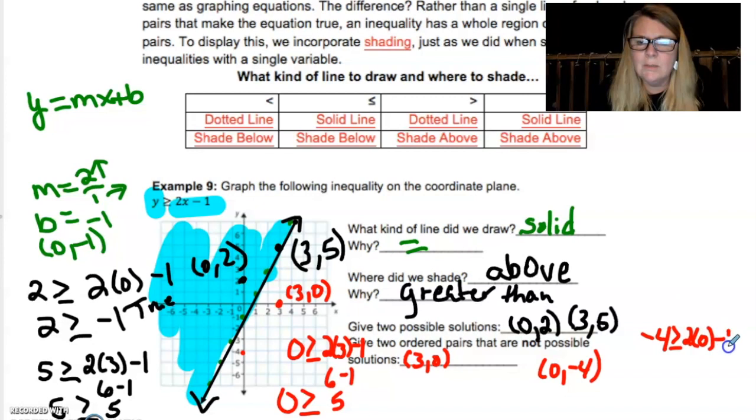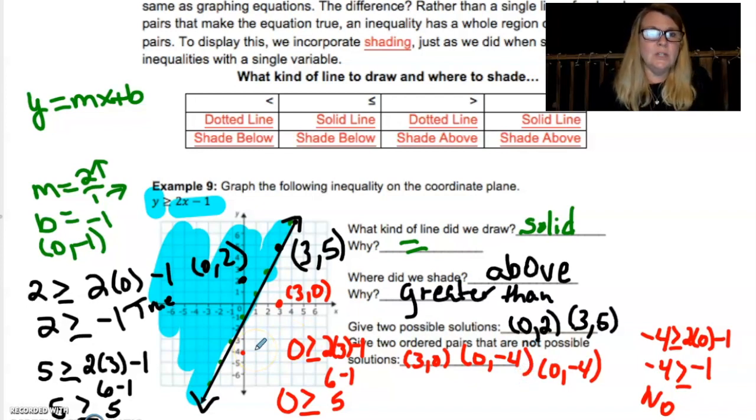Sorry about the dogs in the background. For whatever reason, they have decided to go crazy. So is negative 4 greater than or equal to negative 1? No, it's not. So that one is not a solution, and that was the ordered pair 0, negative 4. It was in the white area, so it's not a solution.